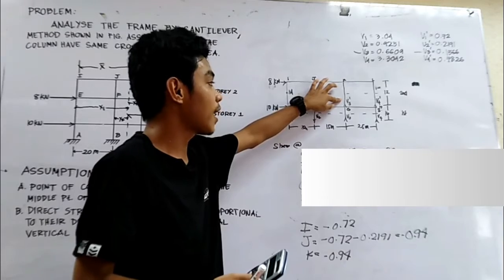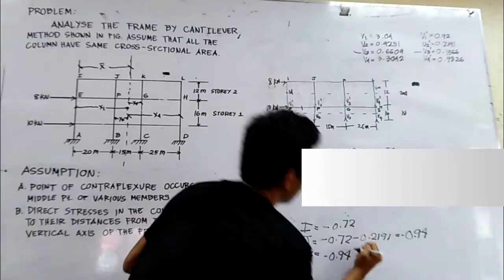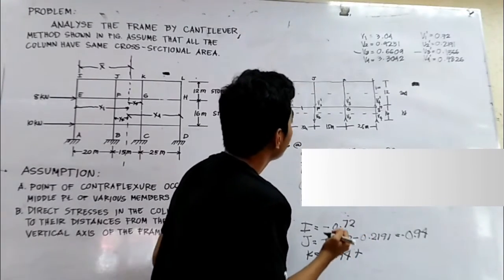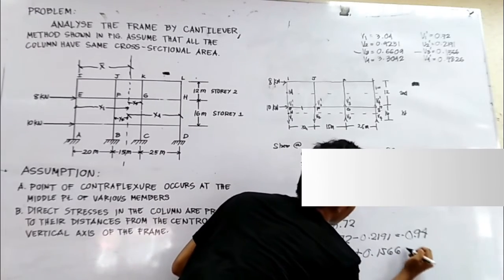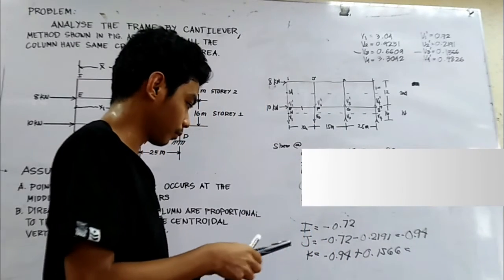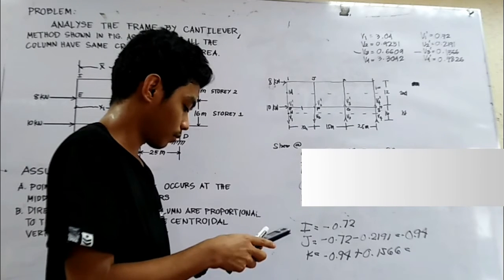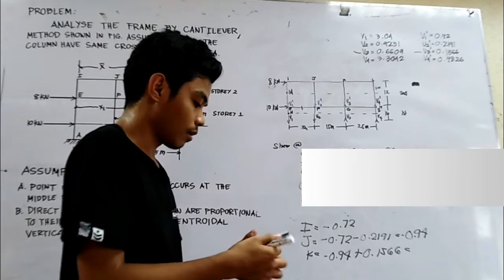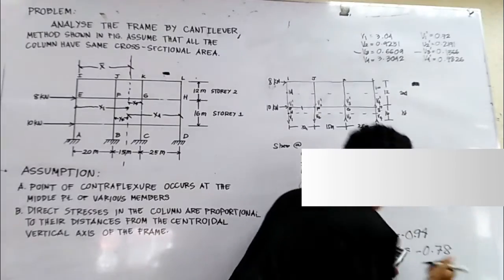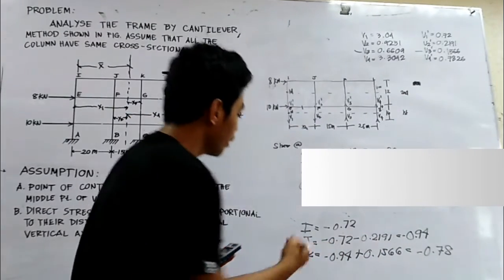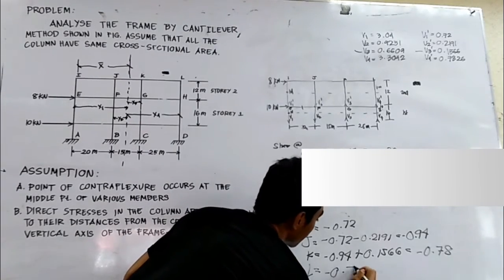Then, add natin doon yung value ng V3 prime since yung direction niya is towards the point K, then plus V3 prime 0.1566 is equal to negative 0.78. Then, lastly for shear at L, meron tayo negative 0.78.